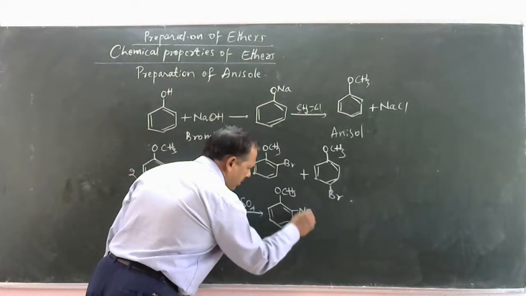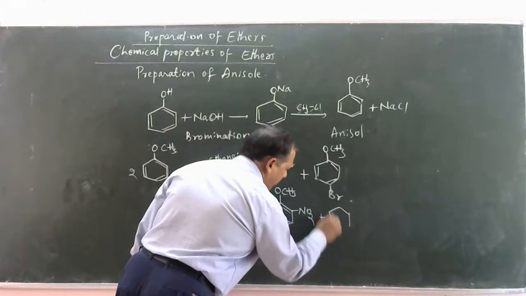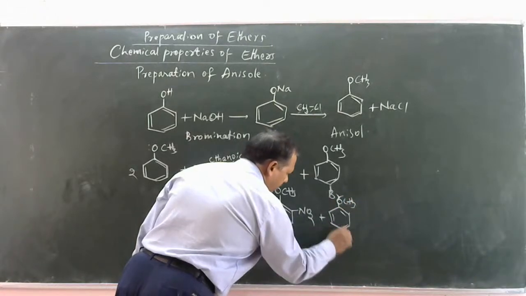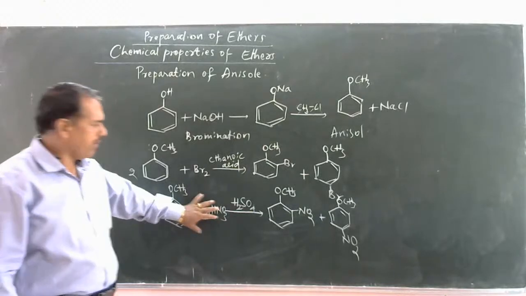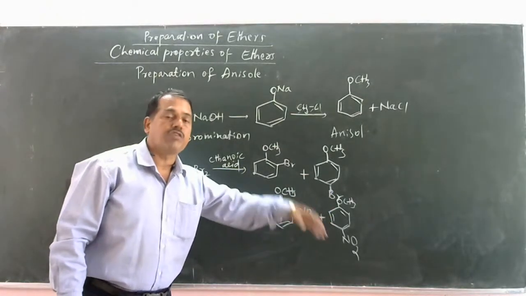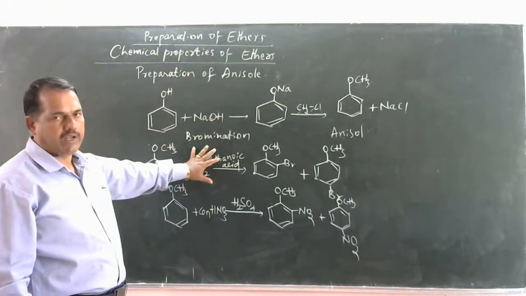Again, para-nitroanisole, another one ortho-nitroanisole. Very familiar reactions. So this is nitration. Always ortho and para products are obtained. Among that, para products are more stable. Are you clear?